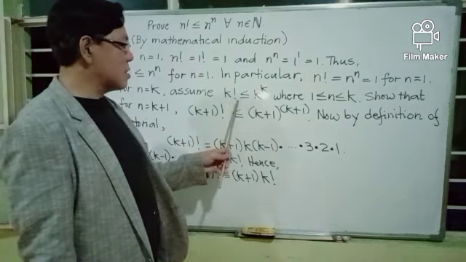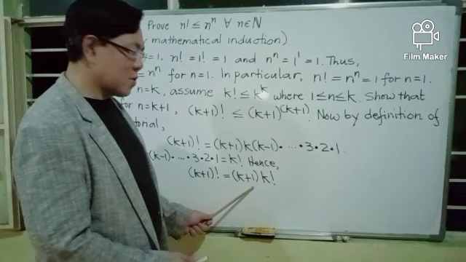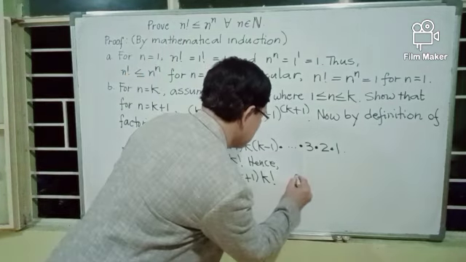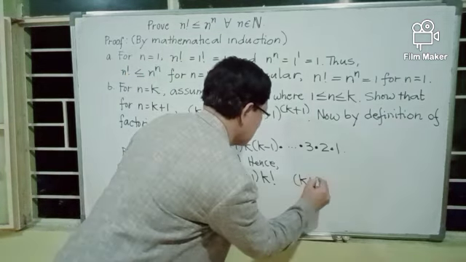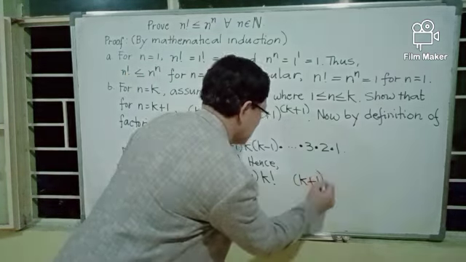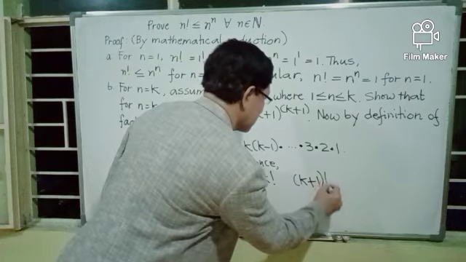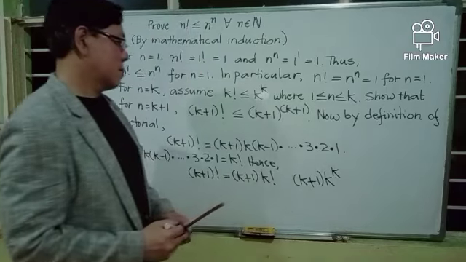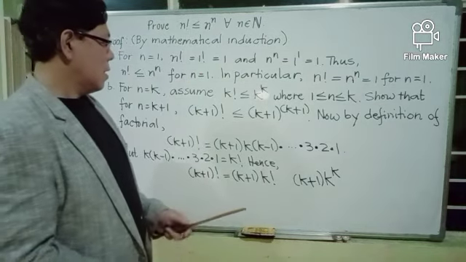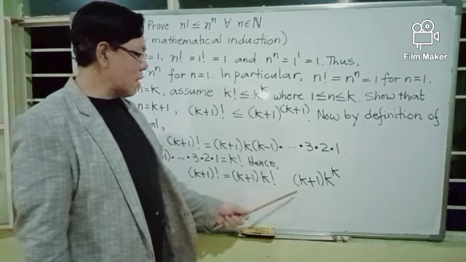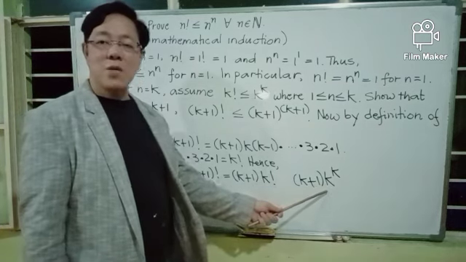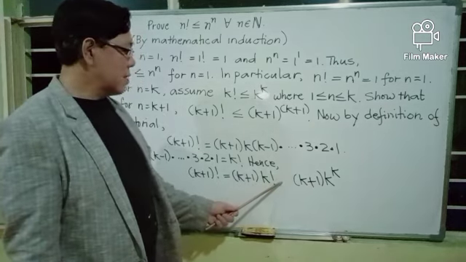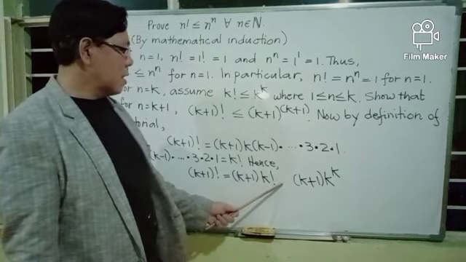We write k plus 1 multiplied by k factorial, we replace with k to the power k. And this product, k plus 1 times k to the power k, is greater than or equal to k plus 1 times k factorial.